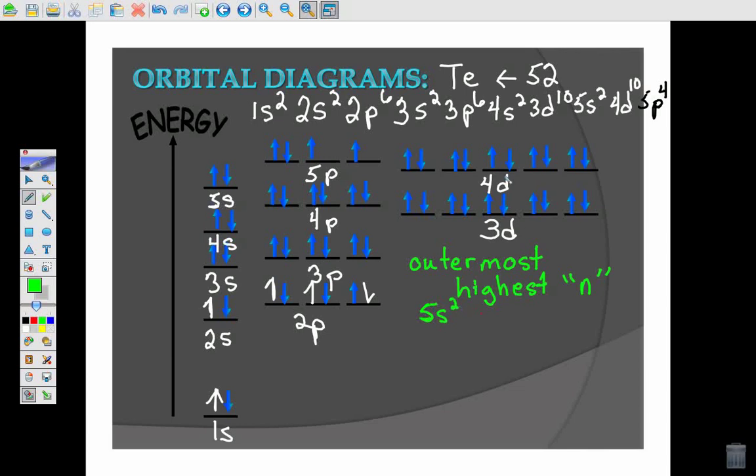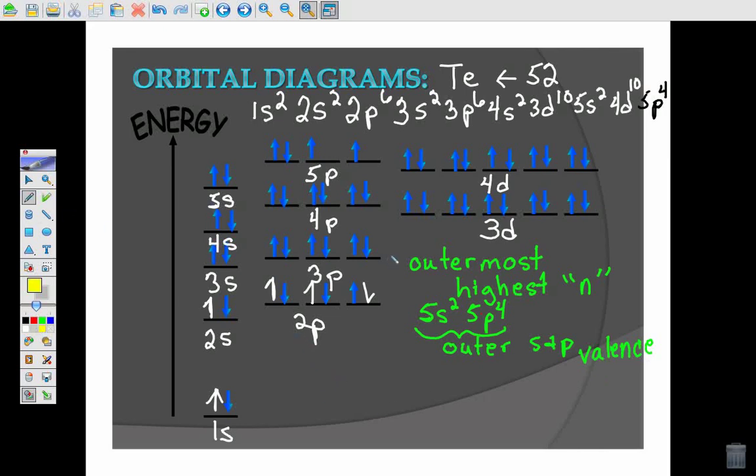So those would be our 5s2, and not the 4d, we'd go up to the 5p4. Now the outer s and p, if it's s and p that's outer, our outer s and p are called valence electrons. So I want you to make sure you're writing this down. This is going to be good reference.